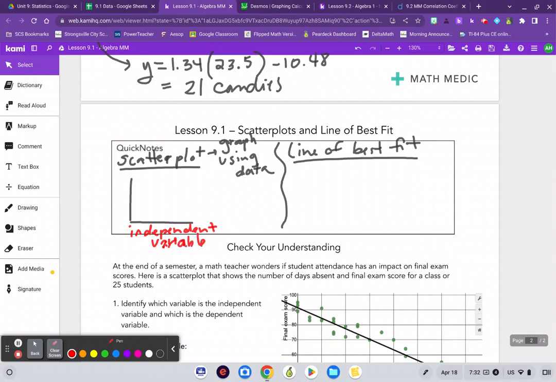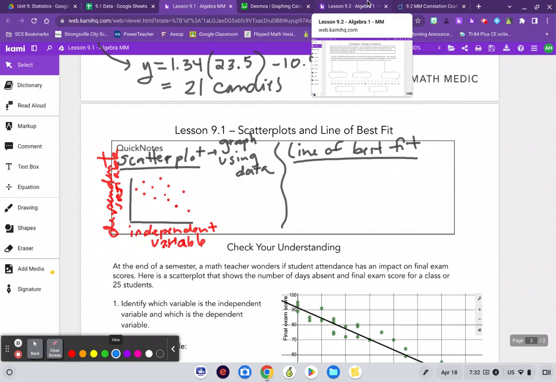And the y-axis is the dependent variable. And a scatter plot can just be a bunch of dots that get graphed based off of a set of data. And we describe this based off of the direction and the form.